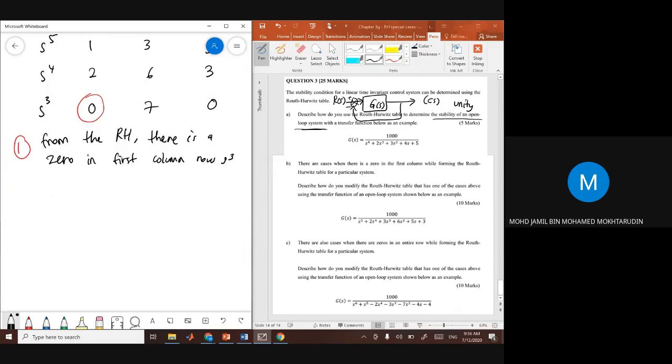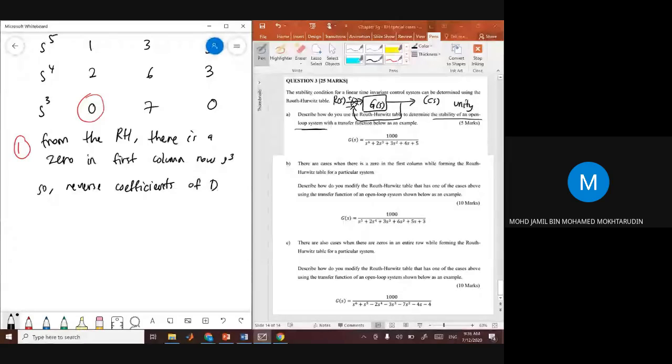So kita guna yang senang lah, reverse coefficient. So reverse the coefficient of the DS. So ni satu markah.